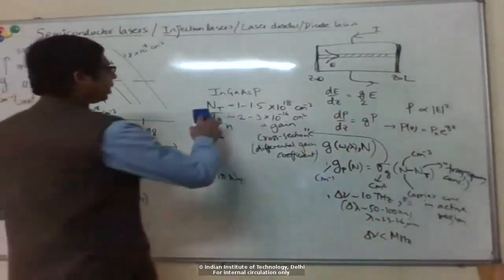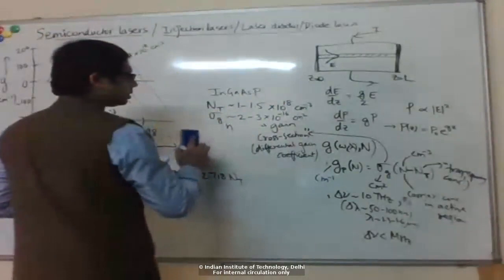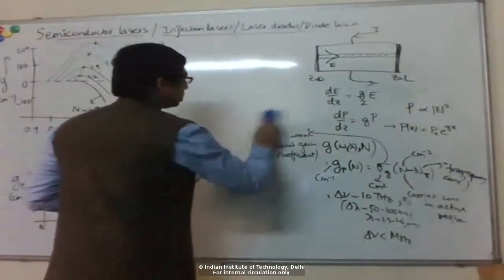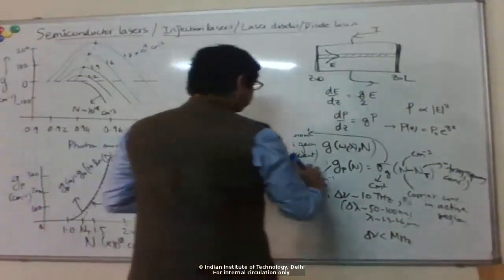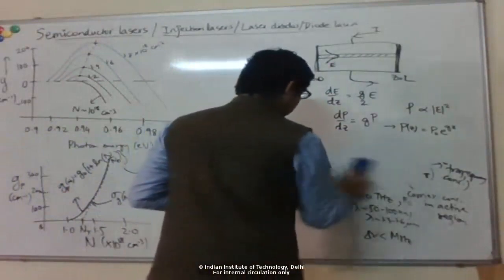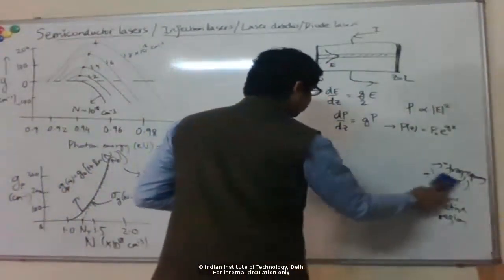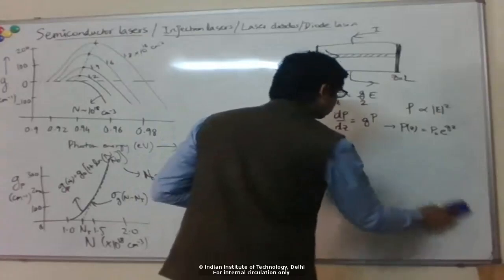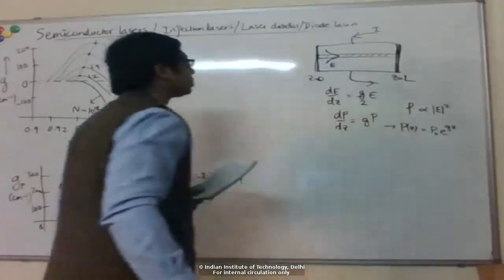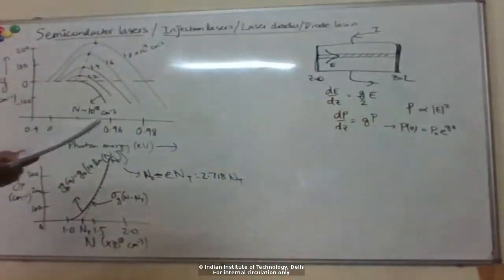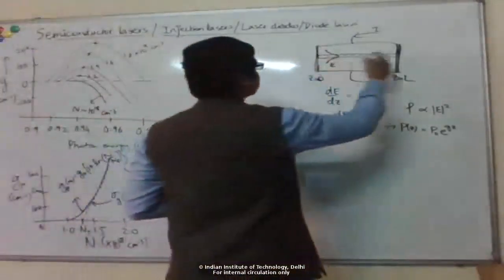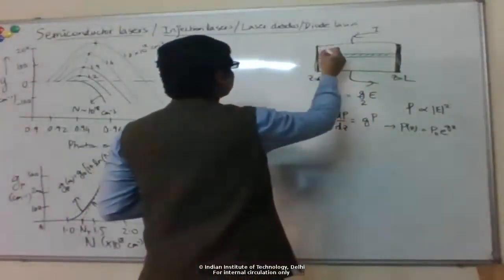Okay, so now if we go back to this picture, you want to know where this threshold for lasing occurs. Let's say you have cleaved facets here, so there is some reflectivity.